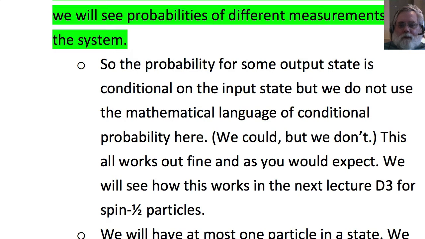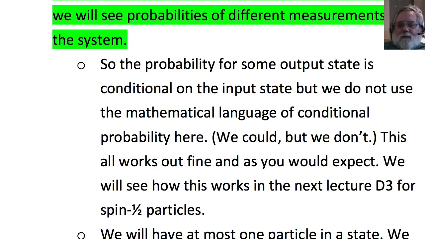So the probability for some output state is conditional on the input state, but we're not going to use the mathematical language of conditional probability here. We could, but we don't. We just keep track of, okay, it was normalized here, and let's see what the probability is here. This all works out fine. It works out as you expect.